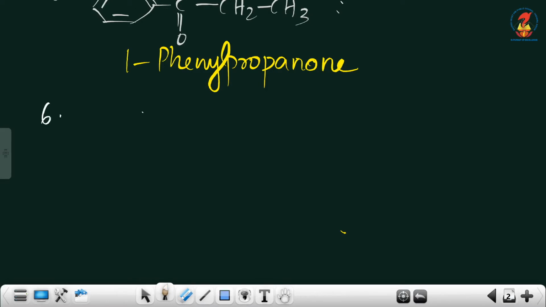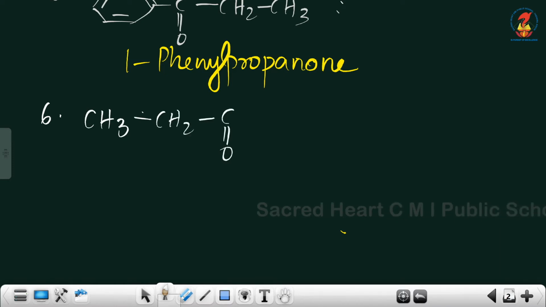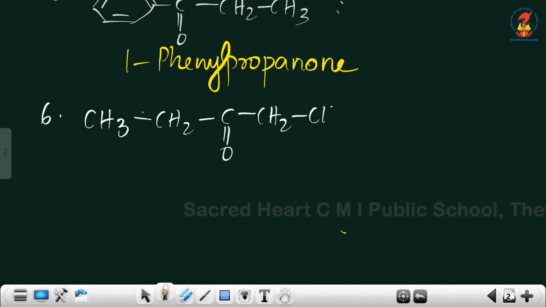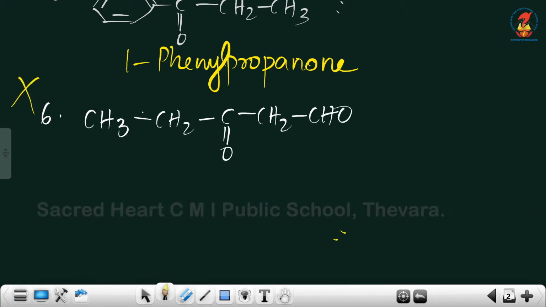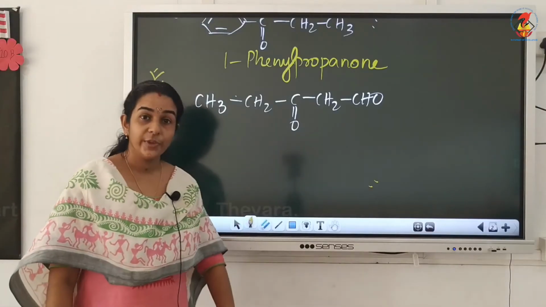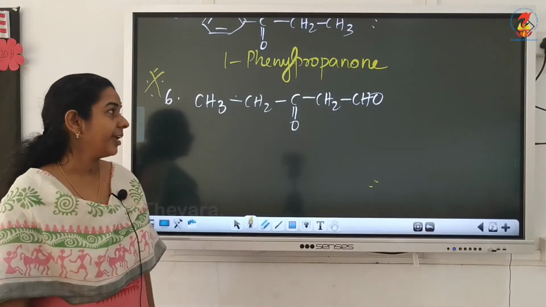Next example is... now mark this as a very important question. Here also we have a compound in straight chain.